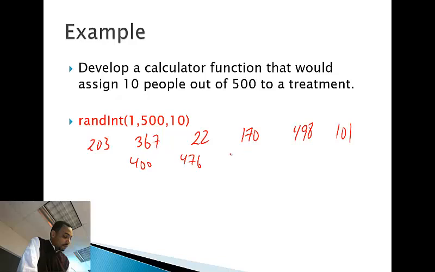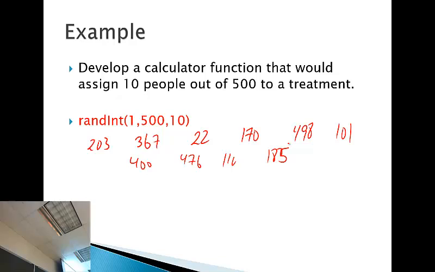Raise your hand if you got these exact same 10 numbers. Why not? Because it's a random process, right? So theoretically, if she does the sample again, she'll probably get 10 different numbers. And there is a chance, though, that you might have gotten one repeat. Just do random integer for one number and then replace that one.